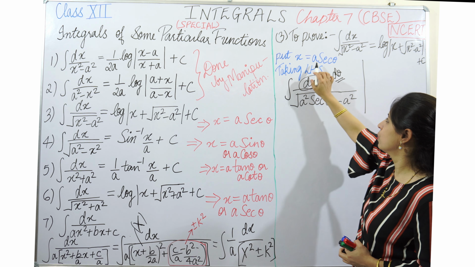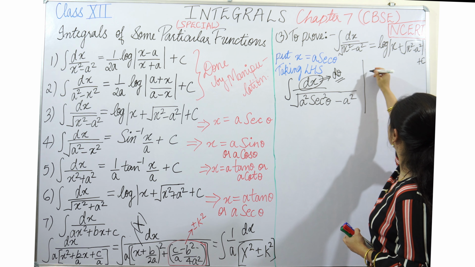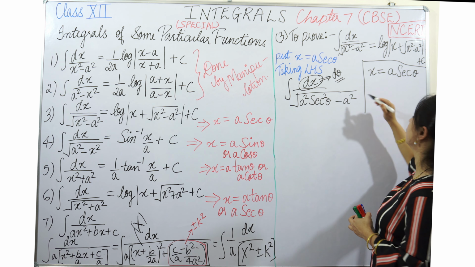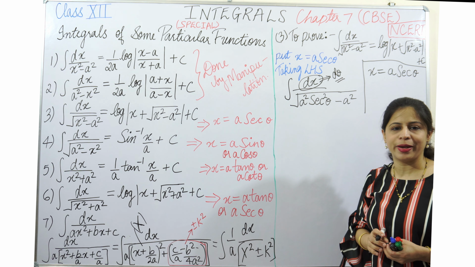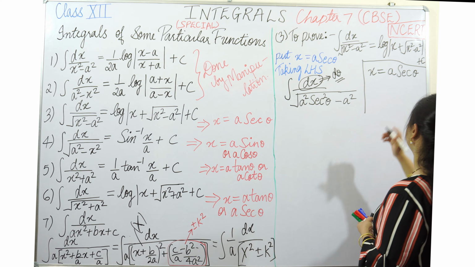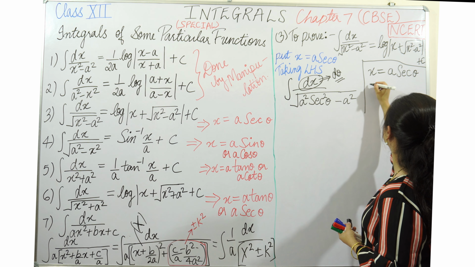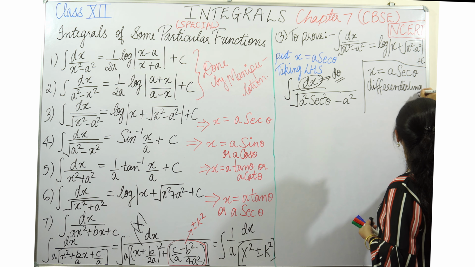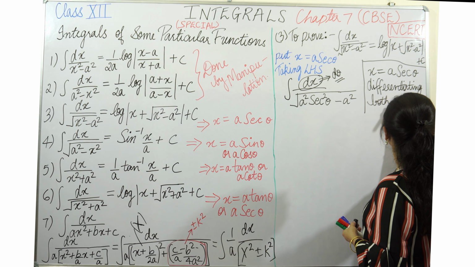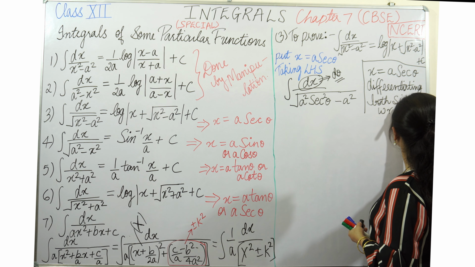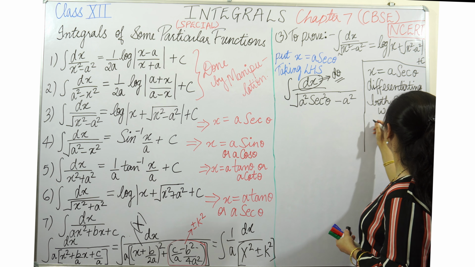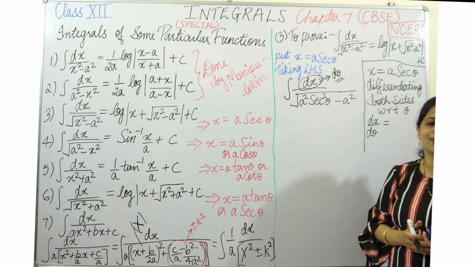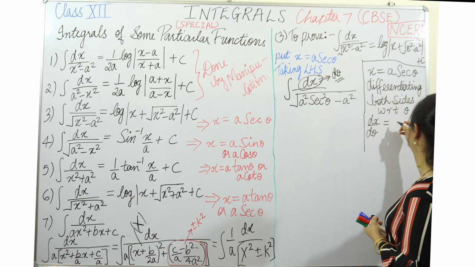Differentiating both sides with respect to theta, here it will become dx over d theta, and here we are differentiating with respect to theta.